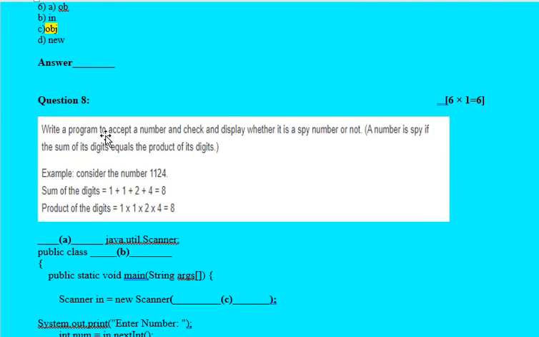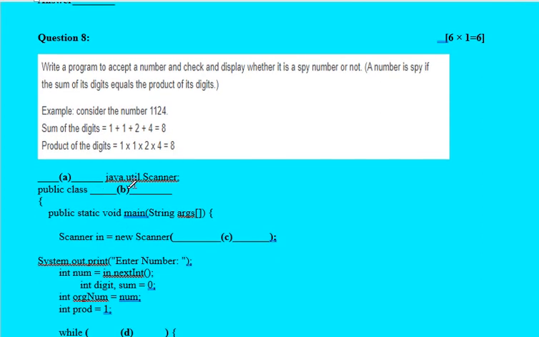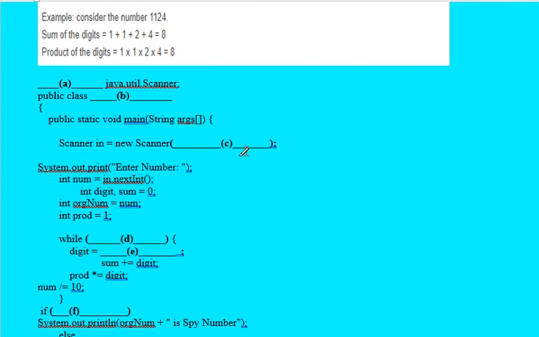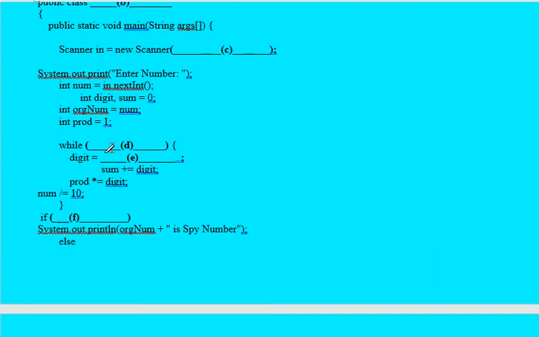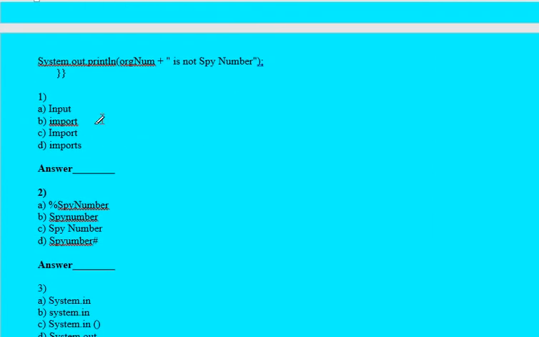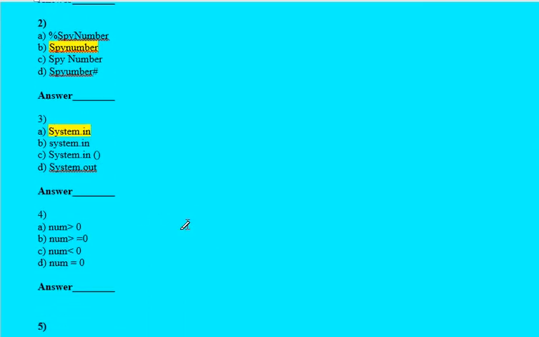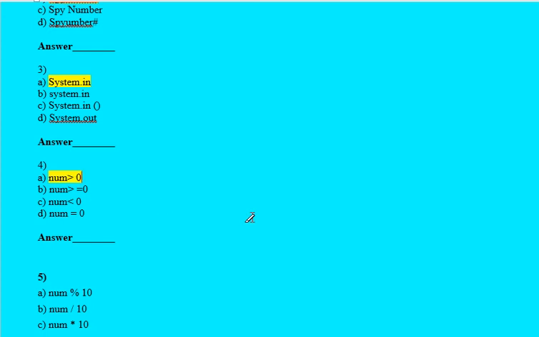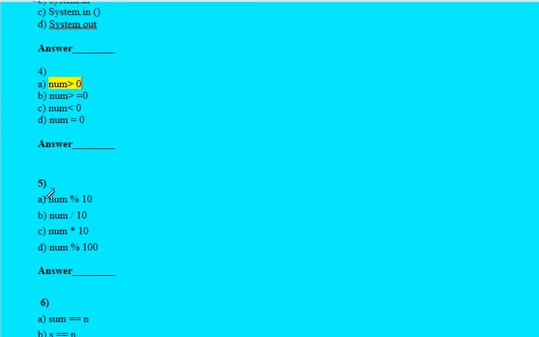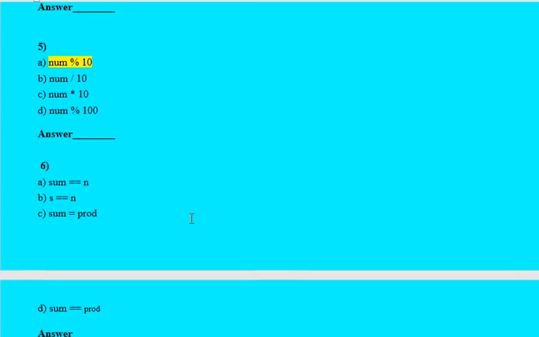The next one will be the next question. Dash Scanner, what we are creating, class name, and they've asked while loop. So it is import, then Spy number, System.in, there is no bracket. Always in while num is greater than 0, num equal to num modulus 10.